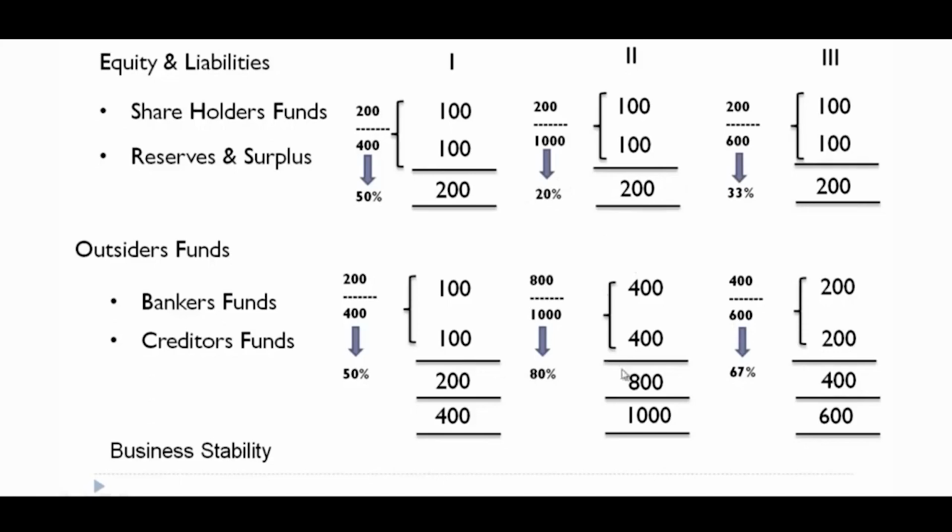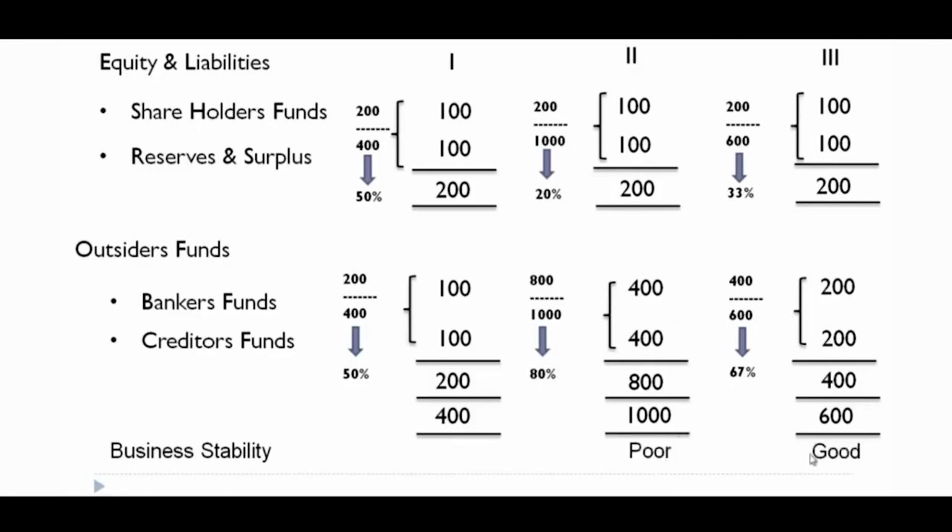They have funded 80% of their requirements for the business unit and only 20% is from the owner. And if these guys suddenly withdraw the support or if they ask for the payment and if some of their payment is not honored, it is highly possible that these guys will take the company in scenario 2 for a ride for not meeting their obligation. So business stability will be very poor in scenario 2.